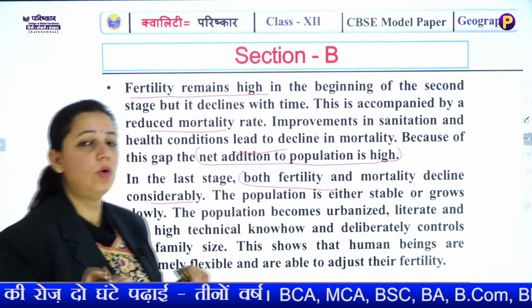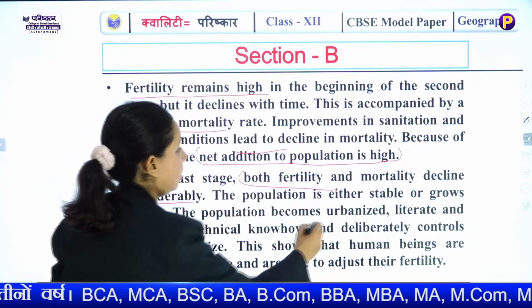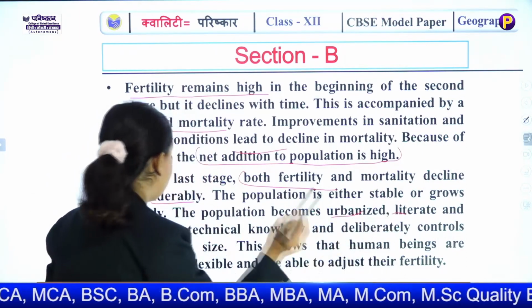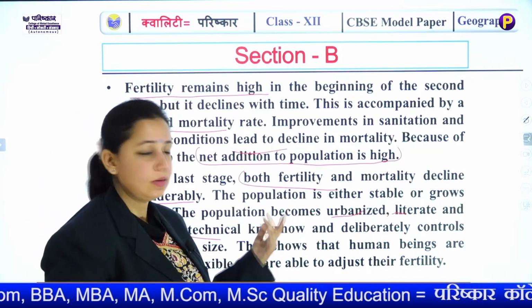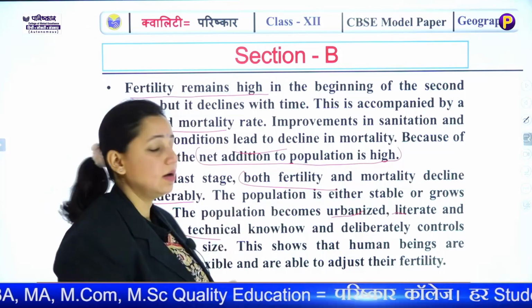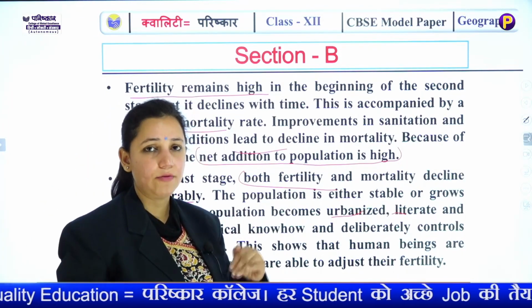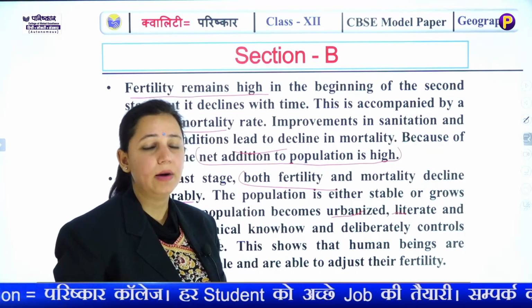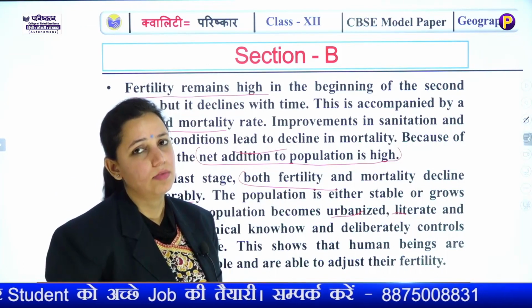What kind of socio-economic society does it represent? It represents an urbanized, literate and highly developed technical society. This stage gives an example of Japan, right? You have many European countries, also Denmark, which are experiencing the last stage of the demographic transition model.